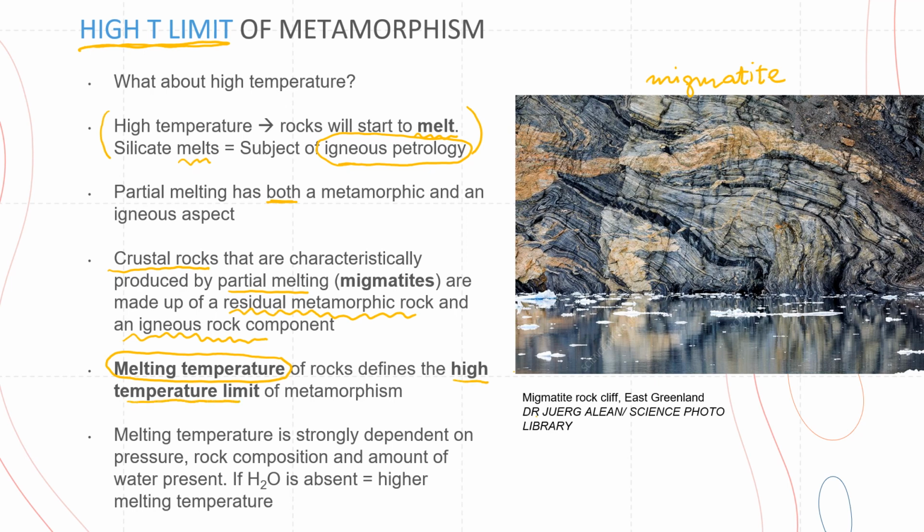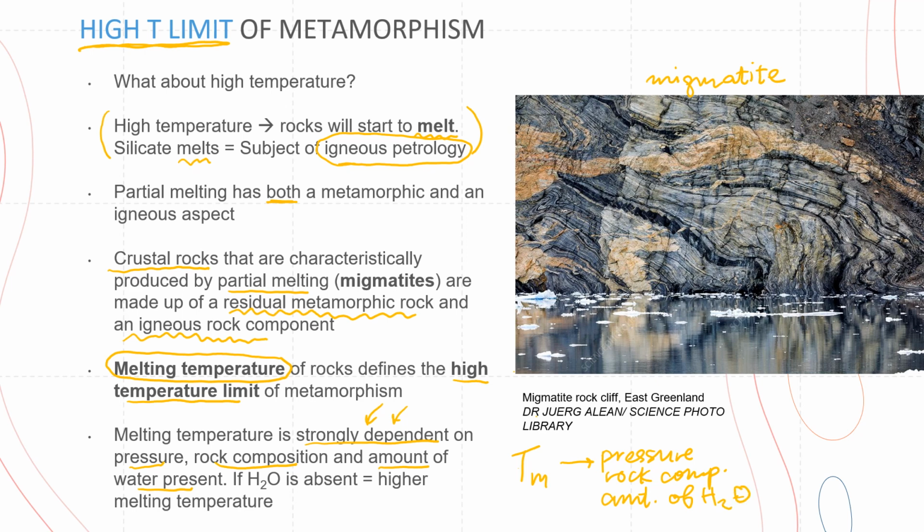So, melting temperature, this again is strongly dependent on the pressure, the rock composition, and the amount of water present. So, temperature for melting is dependent on three things: pressure, rock composition, and the amount of water present.